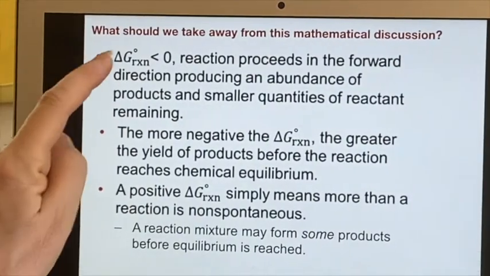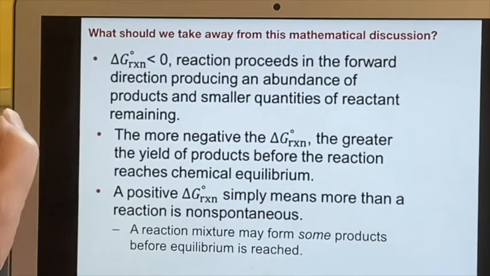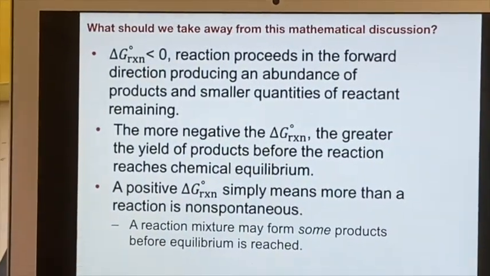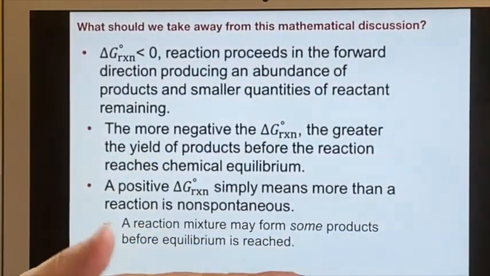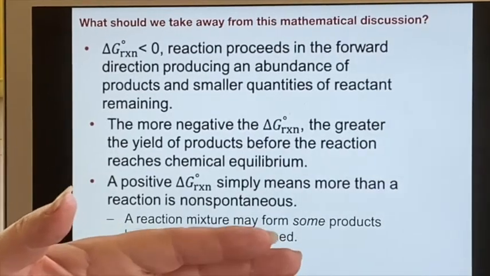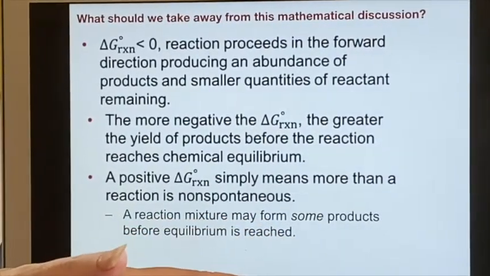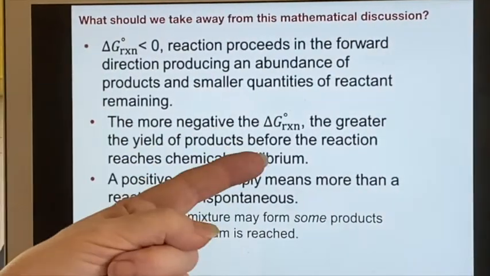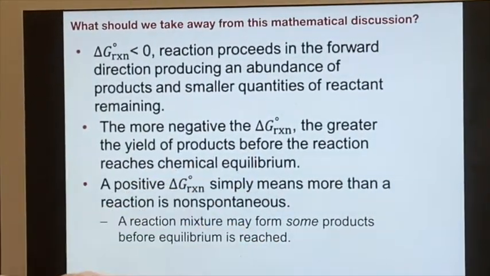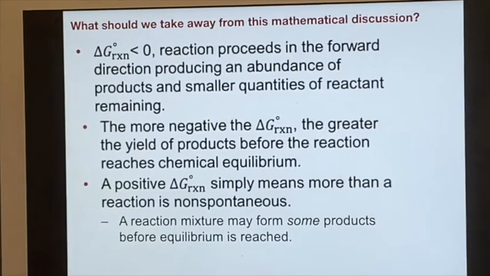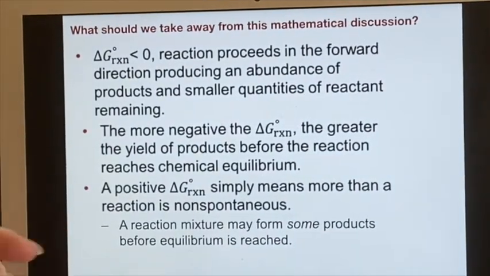We know that if delta G of the reaction is less than 0, the reaction is going to be spontaneous and move in the forward direction, which will create more products, and the reactants are going to go down. The more negative delta G is, the more products you're going to create before you get to equilibrium.